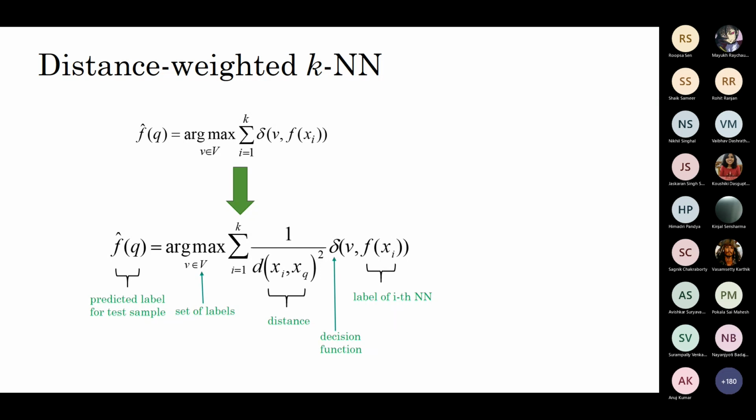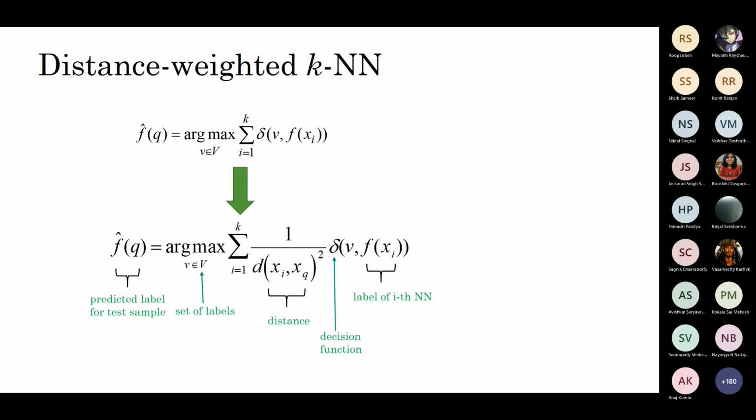Like say the plus is 1 and the minus is 0. The capital V is basically the set of all these labels. So if you have 2 categories 0 and 1, then the capital V is the set consisting of 0 and 1. And small v essentially takes one of these values from these categories.